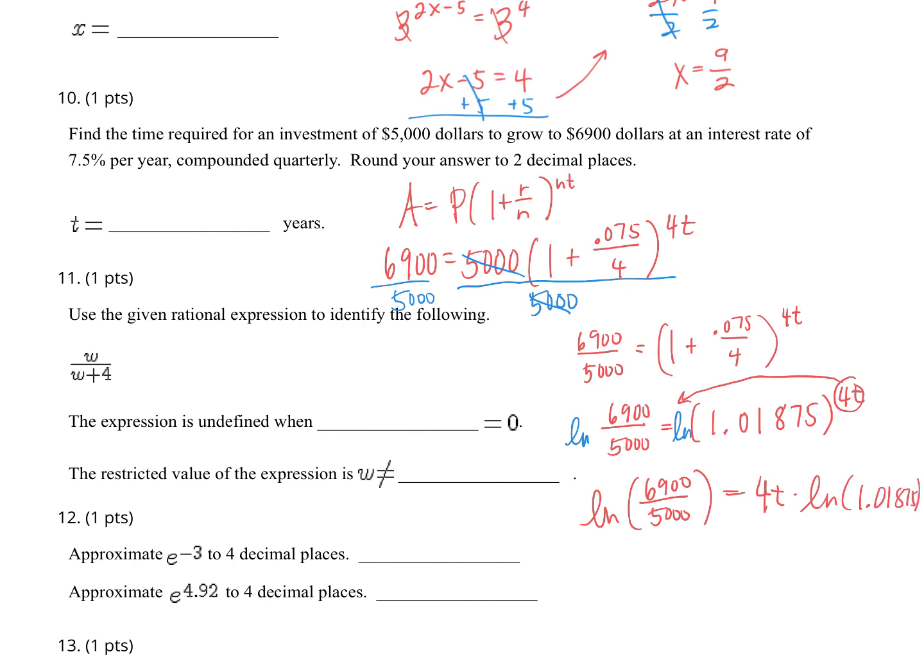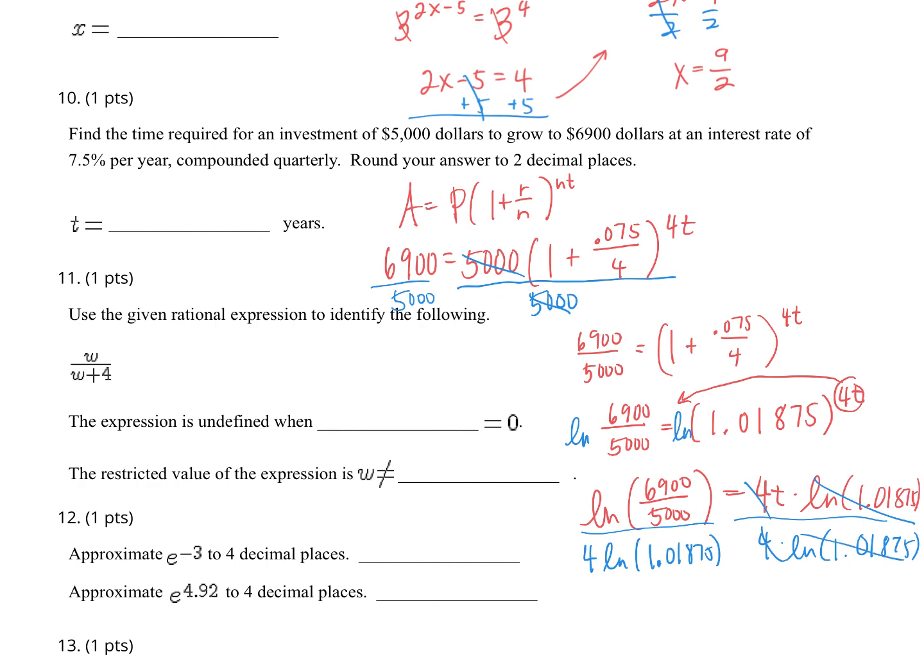So now to get the t by itself, we divide by everything else. So 4 times the natural log of that number. We do it to both sides. 1.01875. Crosses everything out on this side and leaves the t.